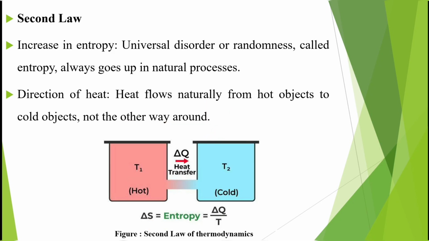So we have to remember that entropy rises: universal disorder or randomness, called entropy, always goes up in natural processes. And for direction, heat always flows naturally from a hot object to a cold object, not the other way around.